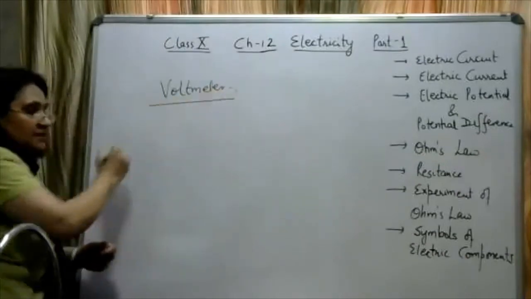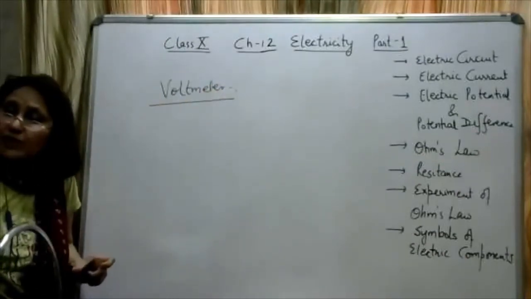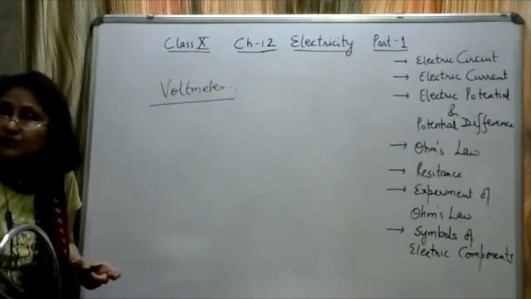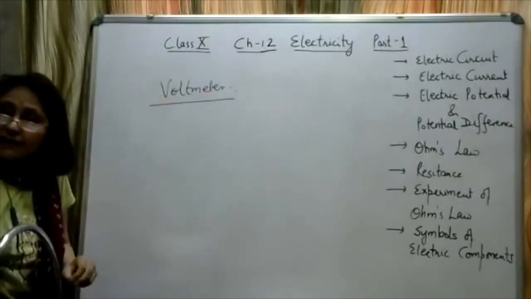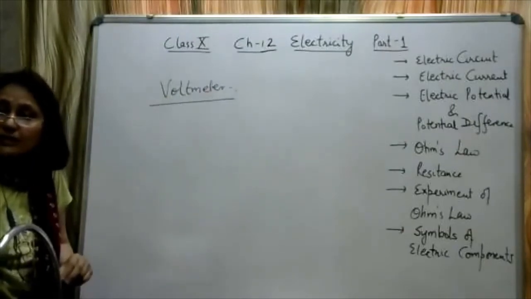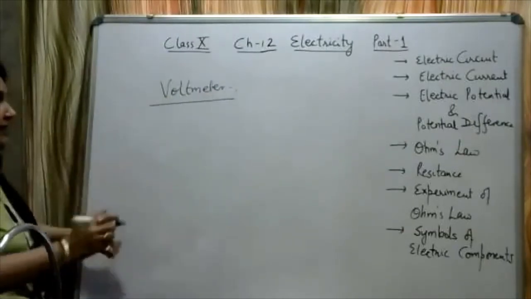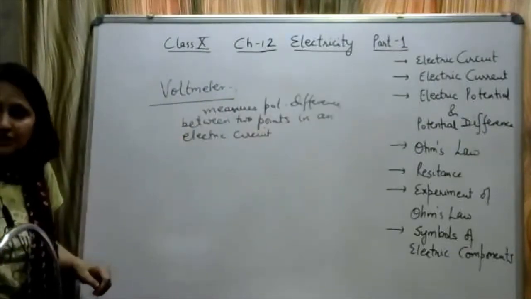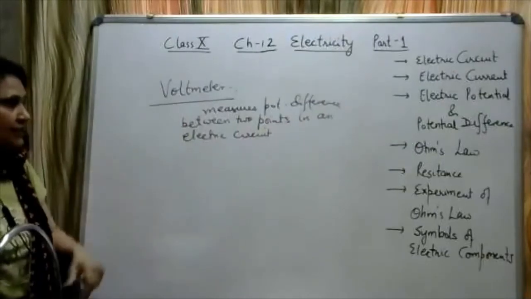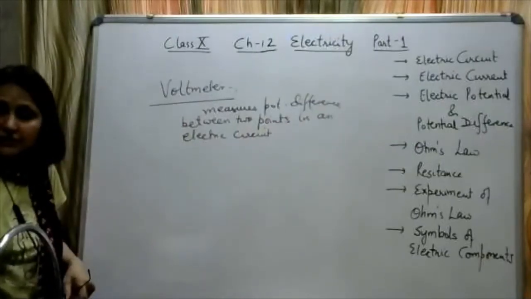Voltmeter is a device which measures the potential difference between any 2 points in an electrical circuit. Voltmeter is an instrument which measures potential difference between 2 points in an electrical circuit.